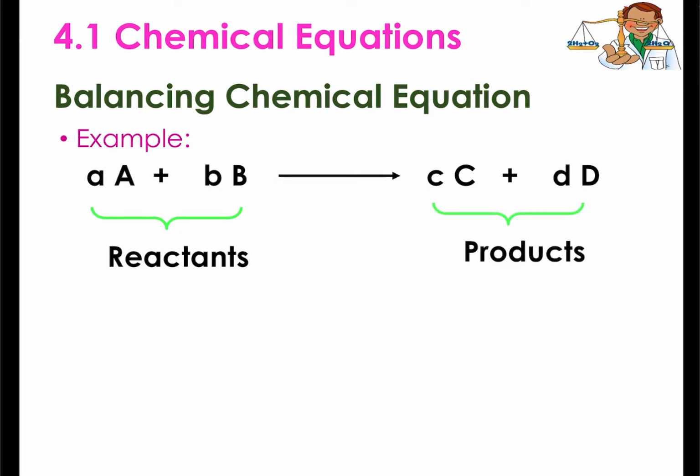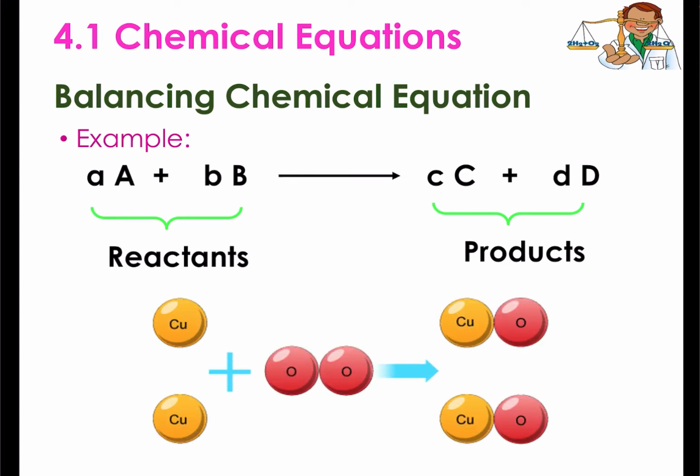I can use also one illustration where like this, I got two copper metals react with oxygen gas to produce copper oxide, and there are two of them. So this is how the chemical reaction happen.